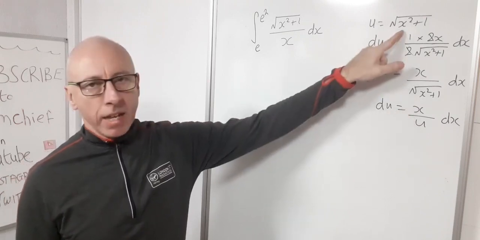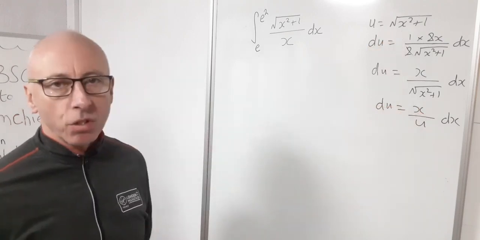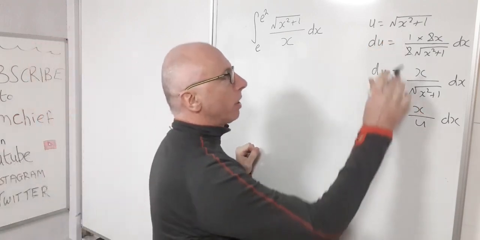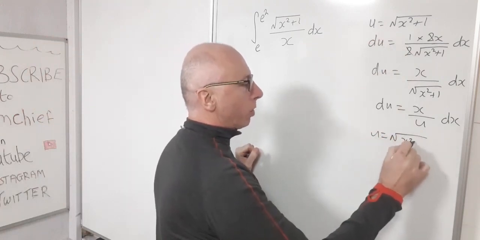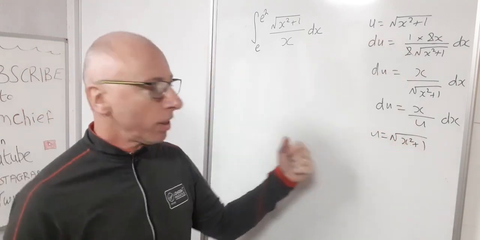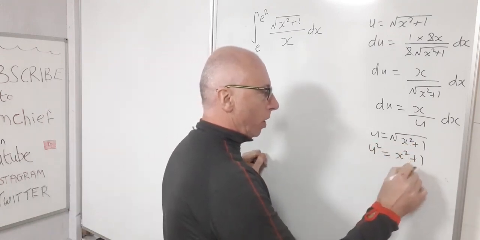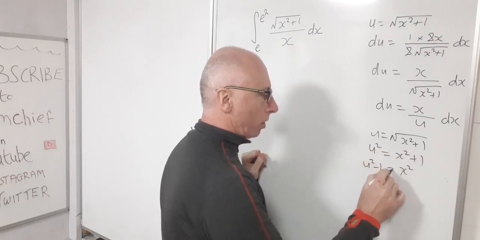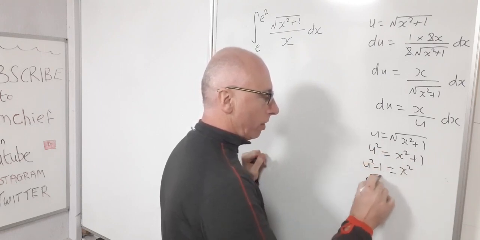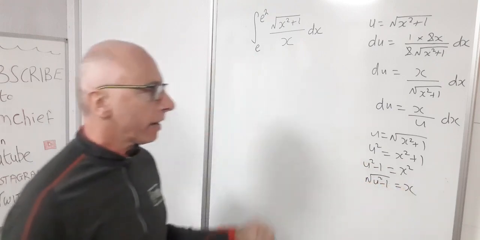But maybe we could get the x out of this and make this all in terms of u straight away. So if we let u equal the square root of x squared plus 1, to get x on its own, we'll have u squared equals x squared plus 1, and then x squared equals u squared minus 1, in which case the square root of u squared minus 1 will equal x.